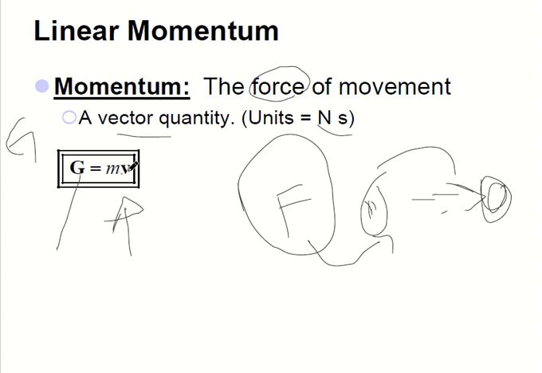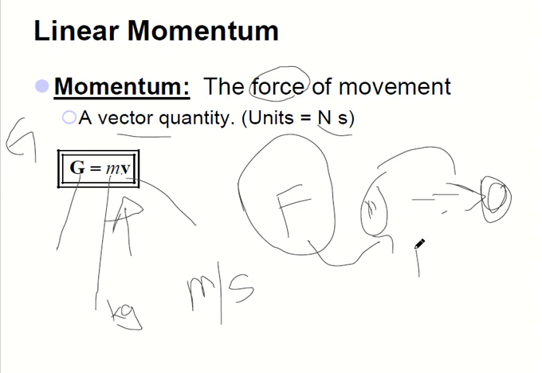Mass is in kilogram, velocity is meter per second, so kilogram meter per second is your momentum.